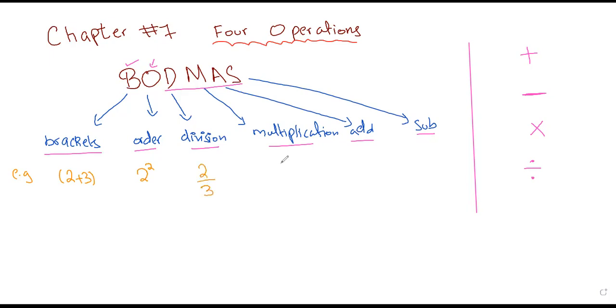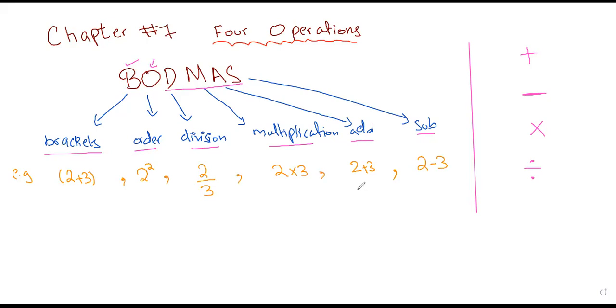Multiplication, 2 into 3. Addition, 2 plus 3. And subtraction, 2 minus 3. We have been dealing with all this, but we never thought about how we would deal with it when we get all of it together. So let's talk about this.